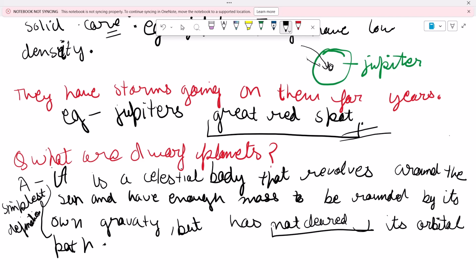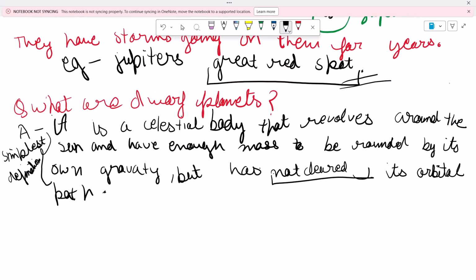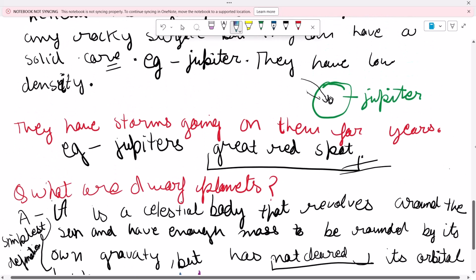Do you remember any example in our solar system? I have already explained it earlier. Its example is Pluto. Why? You already know the answer.